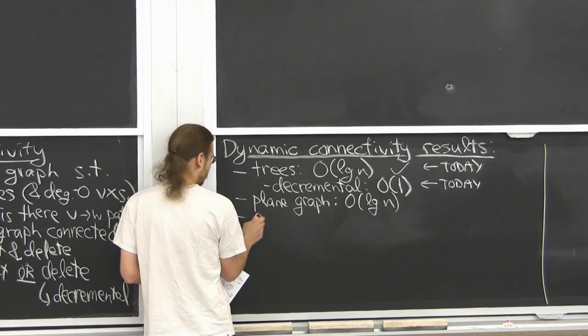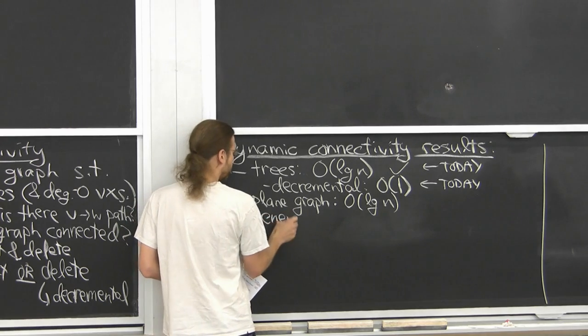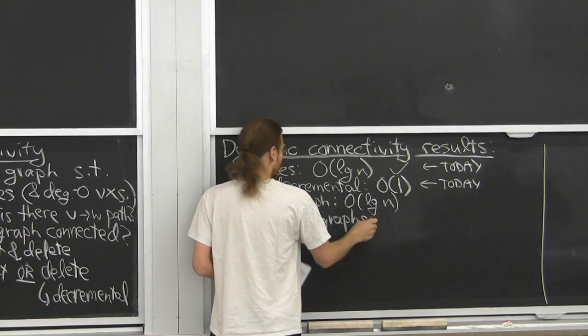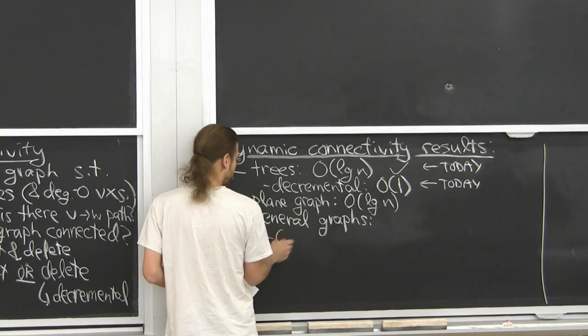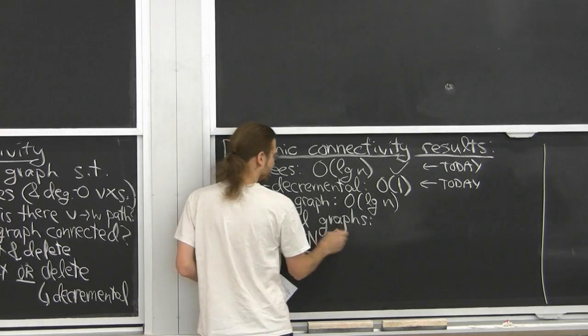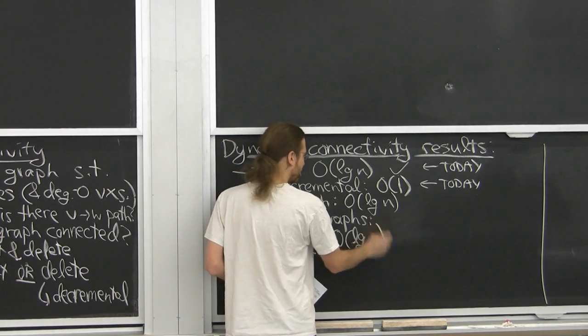But the big question is for general graphs, can you do log n per operation? That's an open problem, probably the central open problem in dynamic connectivity.